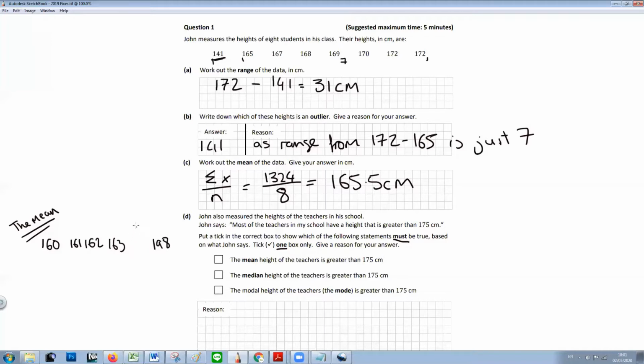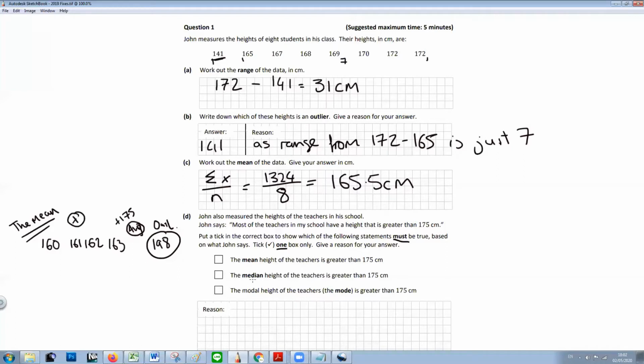Now your average might end up being more than 175, but that's because you have an outlier, like what we had before with the outlier of 141, which might distort your average. So the mean is not correct.